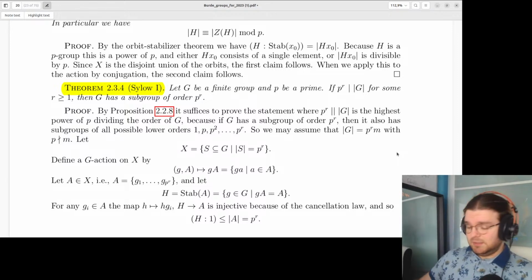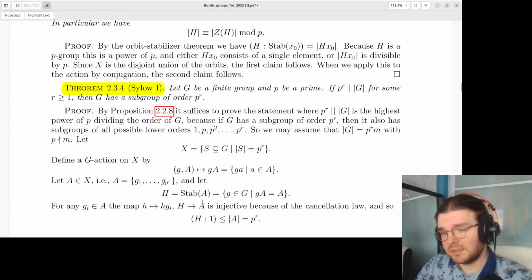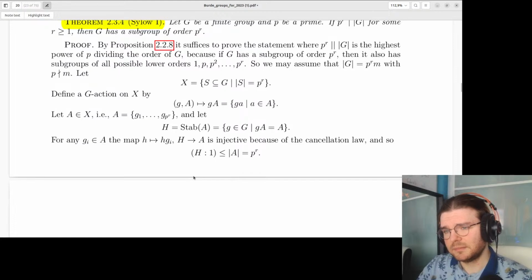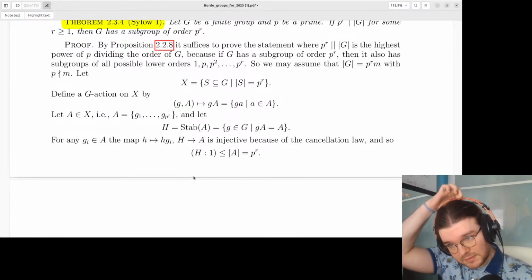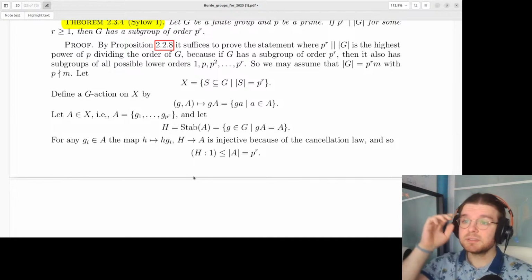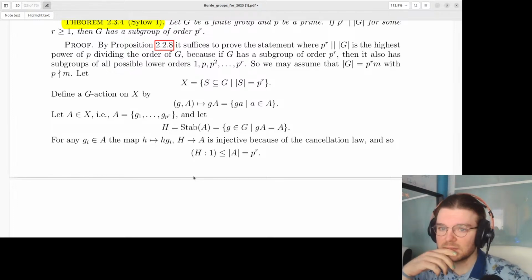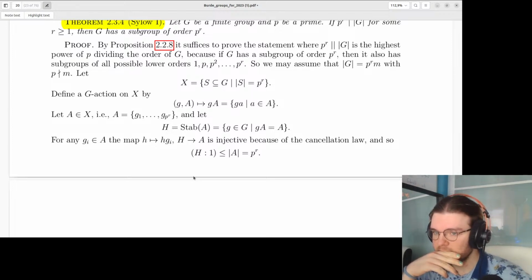That's, what does that mean? I guess cancellation law. This map is injective.